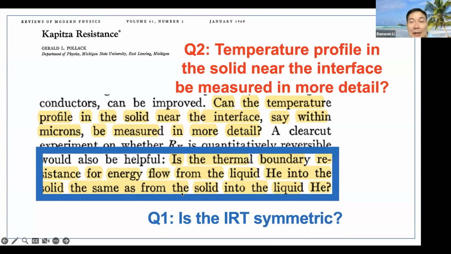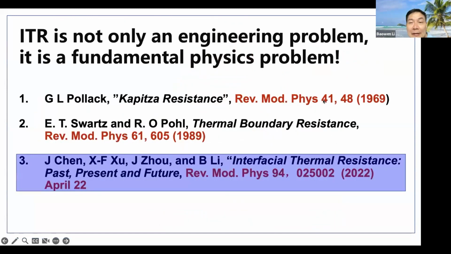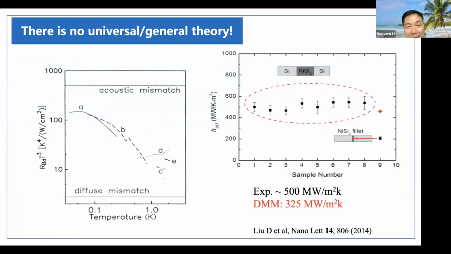This is actually why we jumped to this interfacial thermal resistance. The first was in 1999, the second in 1988, 89, and the third was published last year. So this has become more and more important, not only for fundamental research, but also for application.